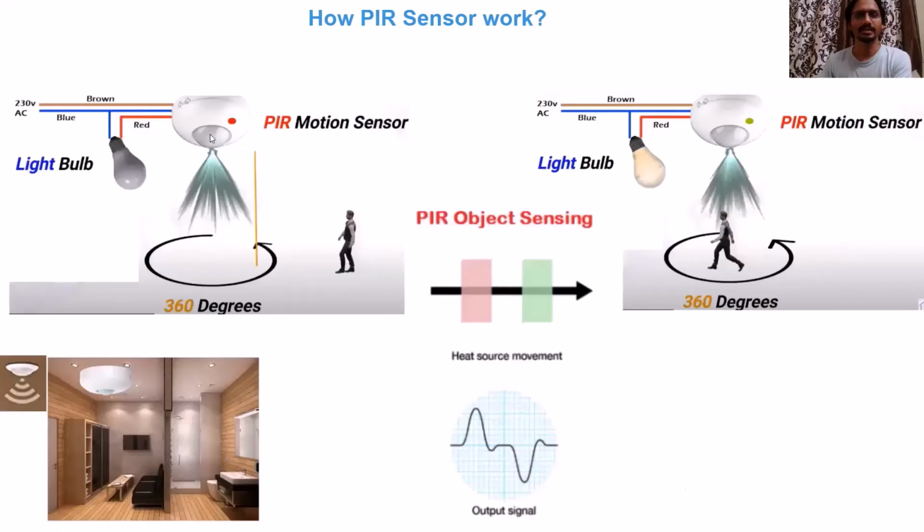Now, how does the PIR sensor detect the motion of the object? This PIR sensor has a 360-degree detection range.